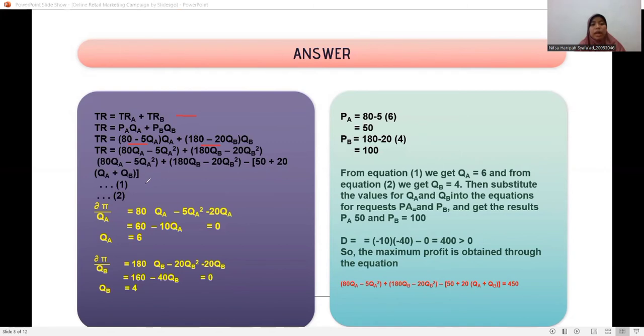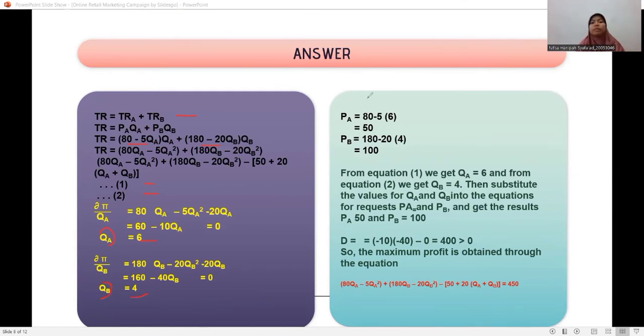Now we make the first equation and second equation. Now here is the partial derivative of pi with respect to QA. Now we put it here until we get the result that QA is 6. Now the partial derivative of pi with respect to QB, and we calculate until we get the result that QB is 4.